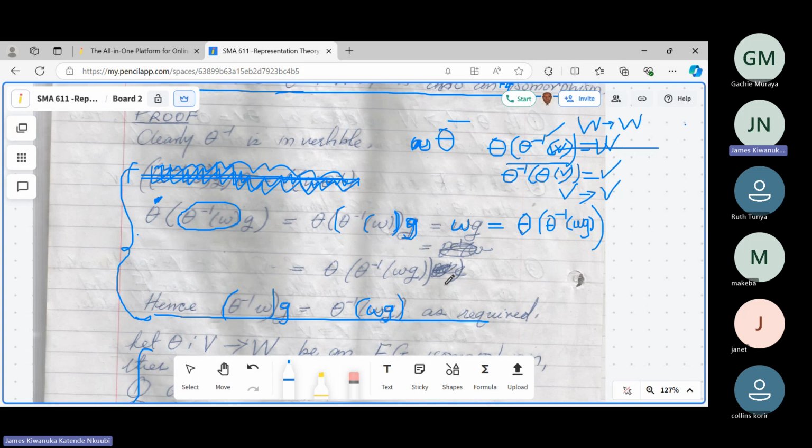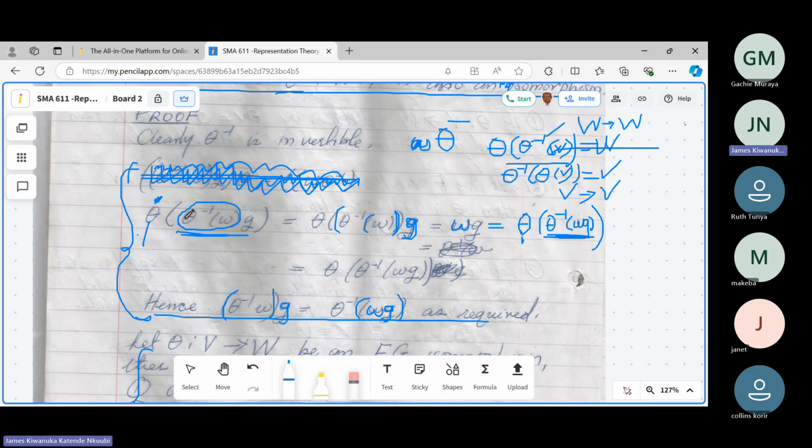Using the fact that now theta, because we have theta here and theta here again, using the fact that theta is an isomorphism, it means it is 1-to-1, as well as being onto, but the property we need here is 1-to-1. So the only way this can be true is if this item in the bracket is equal to this one in the bracket.